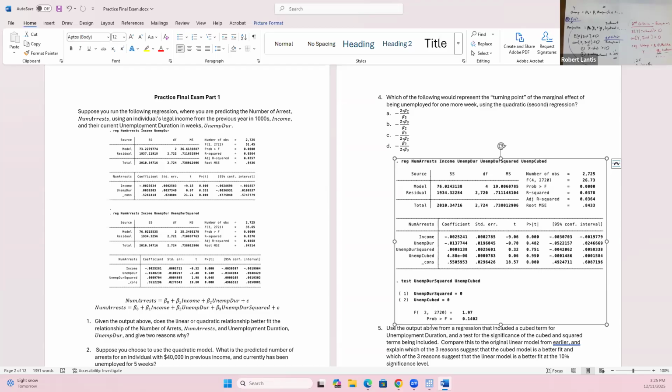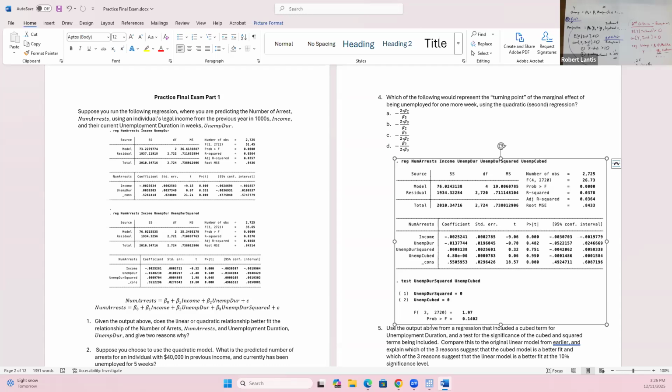They're very high. So can I say that the cube or square term, even just on their own, are any different from zero? No. If they're no different from zero, if I think about this regression, well, my coefficient is zero. It doesn't matter what the square or cube term is. Anything times zero would be zero. They're not helpful in making my predictions for unemployment. Or sorry, number of arrests here.